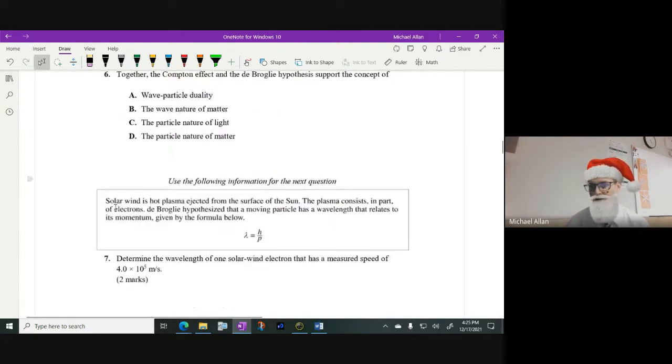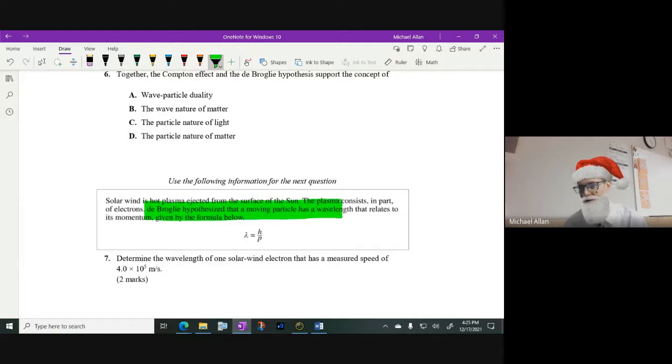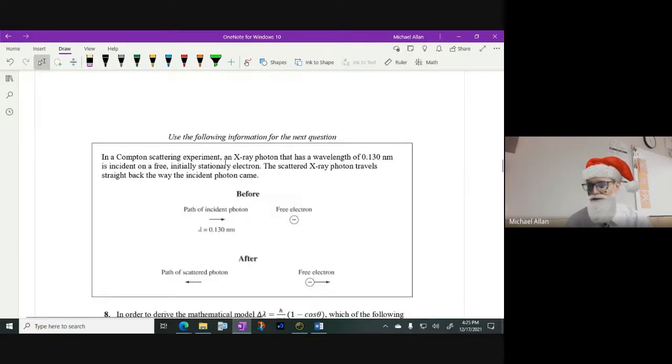Question 7 would be easier if you did the next questions first, because it talks about Compton and de Broglie. Question 7 talks about how moving particles behave as waves. And down here, Compton says that things with wavelengths behave as if they're particles because they have momentum.